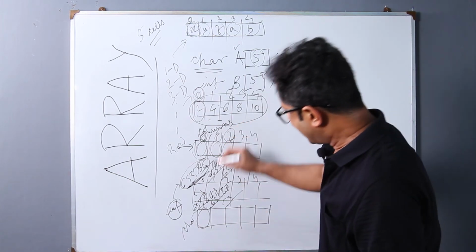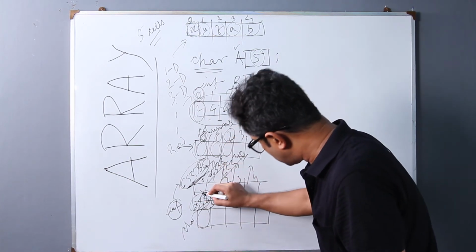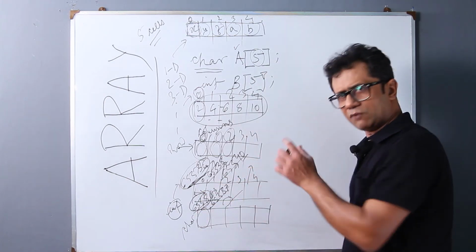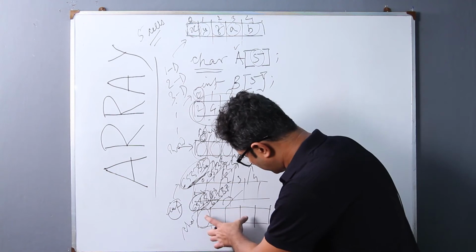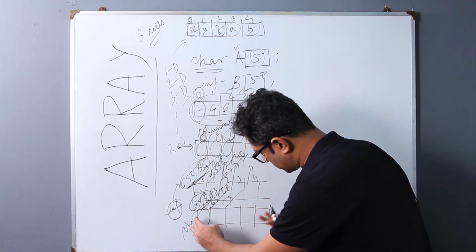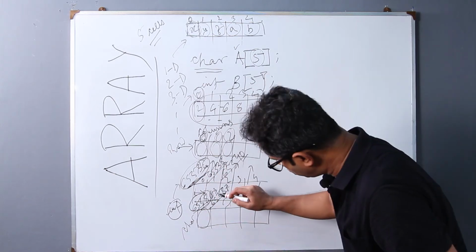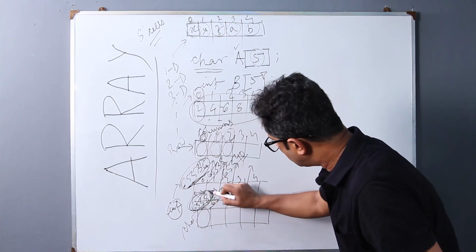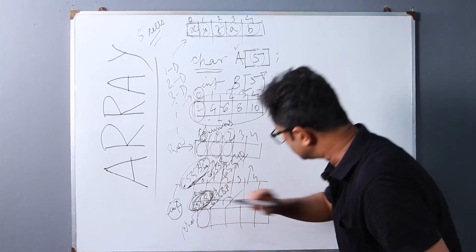So, this index, this address depends upon the data type which we are going to store in this group of contiguous data elements or homogeneous contiguous data elements. So, the data type will govern the memory location in terms of bytes.